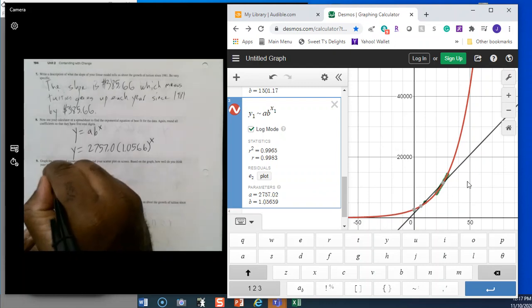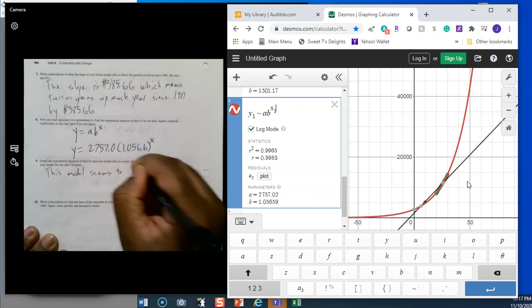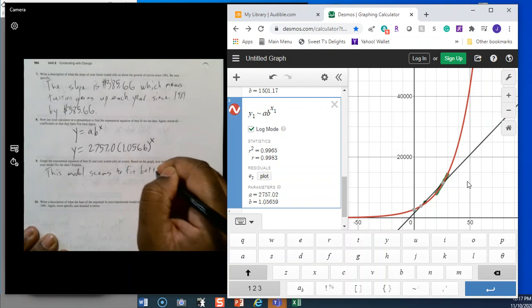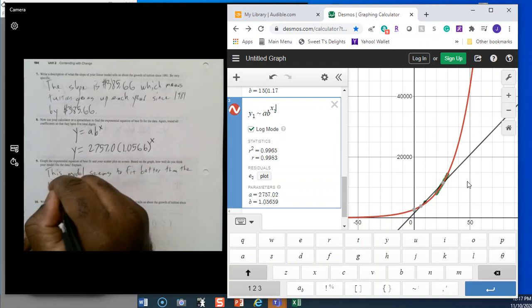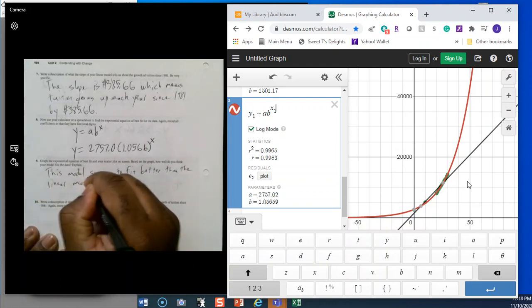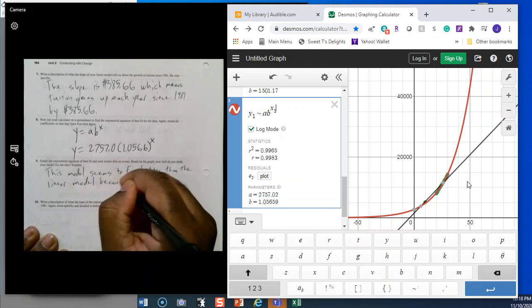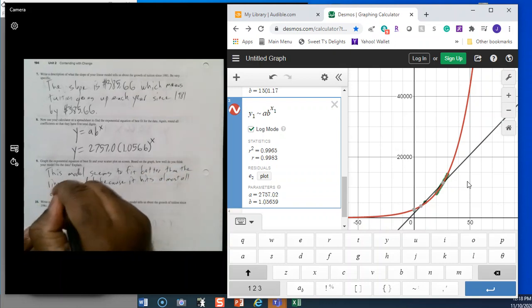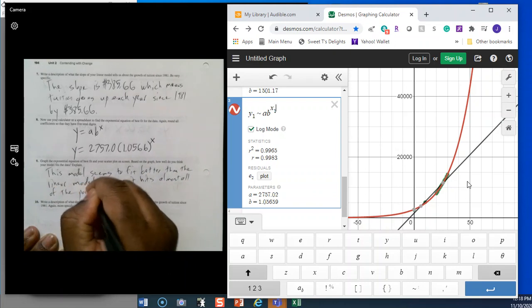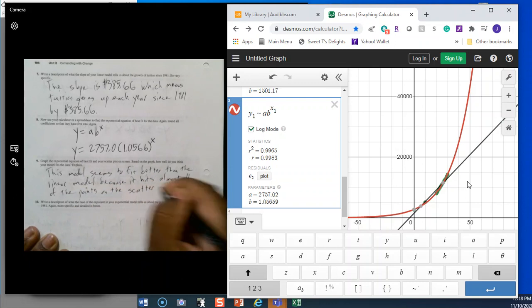So this model seems to fit better than the linear model, because it hits almost all of the points on the scatter plot.